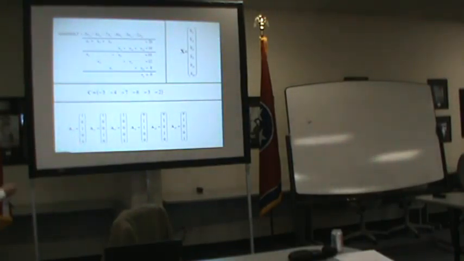If this is for the row, and this is for the column. So this is 1, 0, 1, 0, 0.